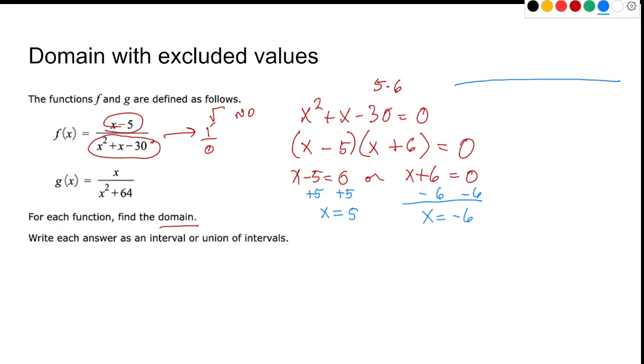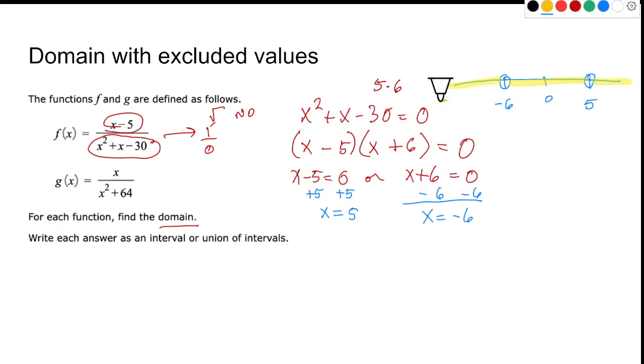So here's 0 for reference. Negative 6 is going to be to the left. Positive 5 is going to be to the right. We want to exclude these values. Those are values we cannot use. And so we can use everything else from here until we get there, and then we can use everything in between here, and we can use everything past this.